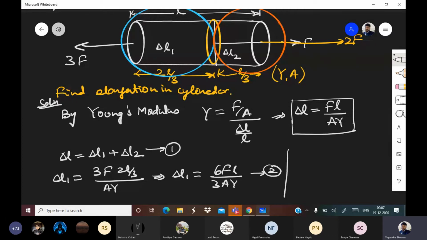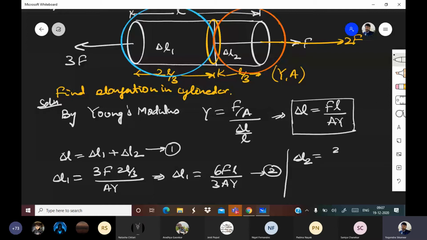Now if you talk about the second part, which is delta L2, it means the portion which is highlighted by the red circle. Now for that part, how much is the force? 2F, because that F was acting only till that point. So for the L by 3 part, the force will be 2F.